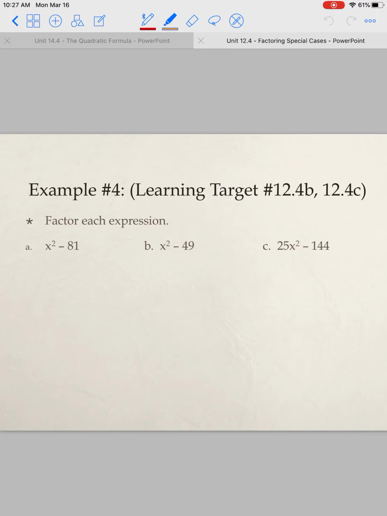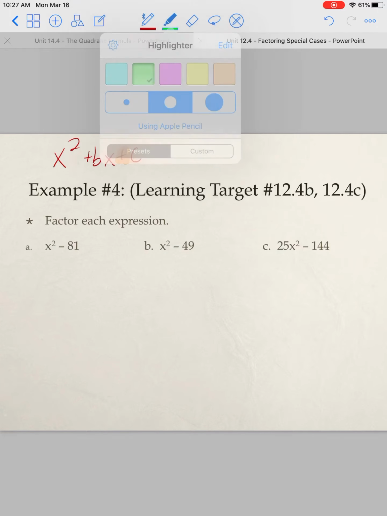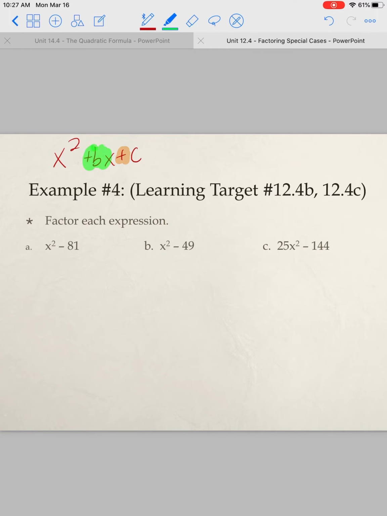All right, so let's factor this one. I'm looking for the factors of 81, and now notice. When we have something like this, this term tells me whether they're the same or different. This term tells me one of the larger factor. Now, don't freak out about this because there's no middle term.